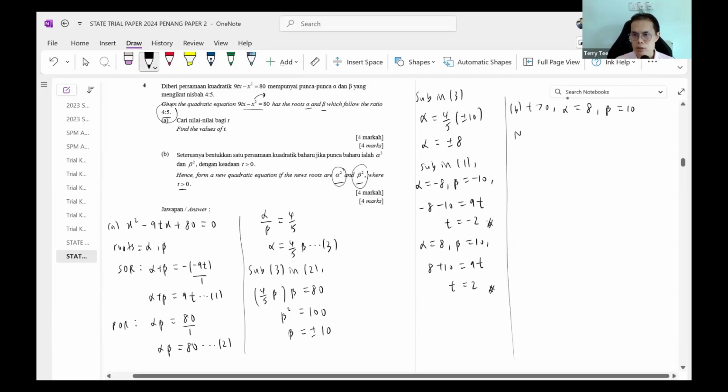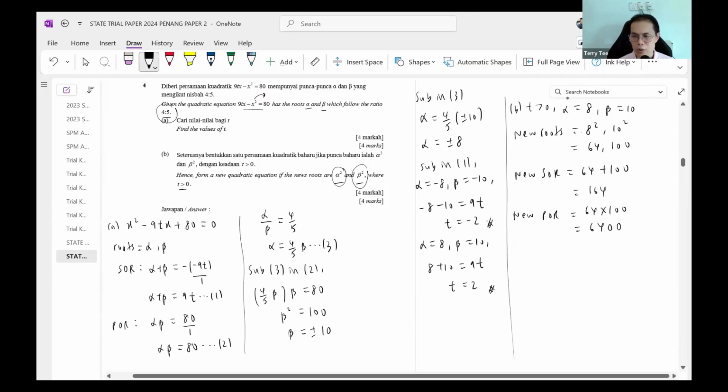So the new roots in this case will be your alpha, I square it, your beta, I square it, which is 64 and 100. Your new SOR will be 64 and 100, add together 164. Your new POR will be 64 times 100, which will be 6400.